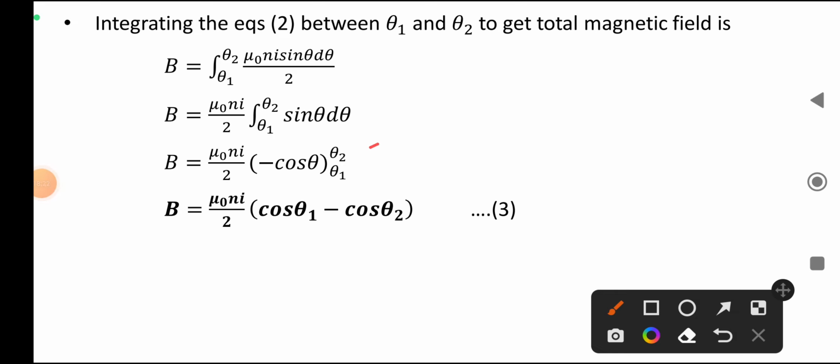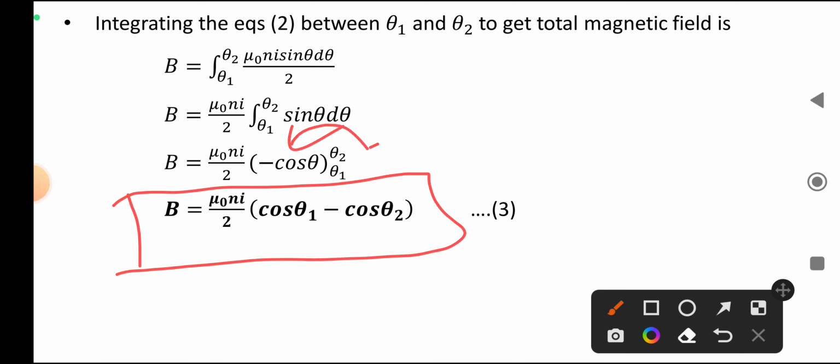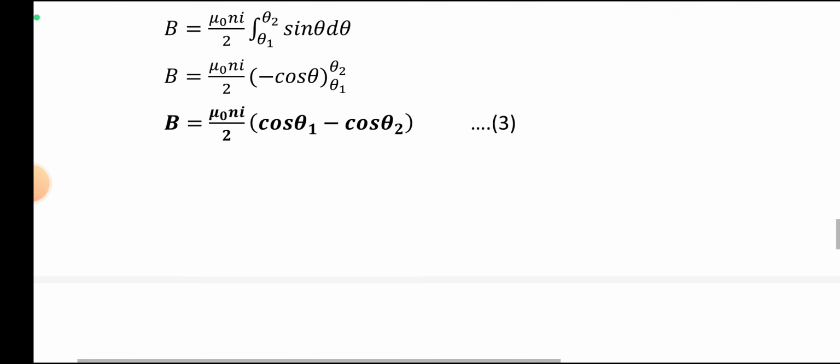If you apply these limits, we get B is equal to mu naught n I by 2 times (cos theta 1 minus cos theta 2). So this is the equation of the magnetic field due to the solenoid by using the Biot-Savart law. Next, let me go inside.